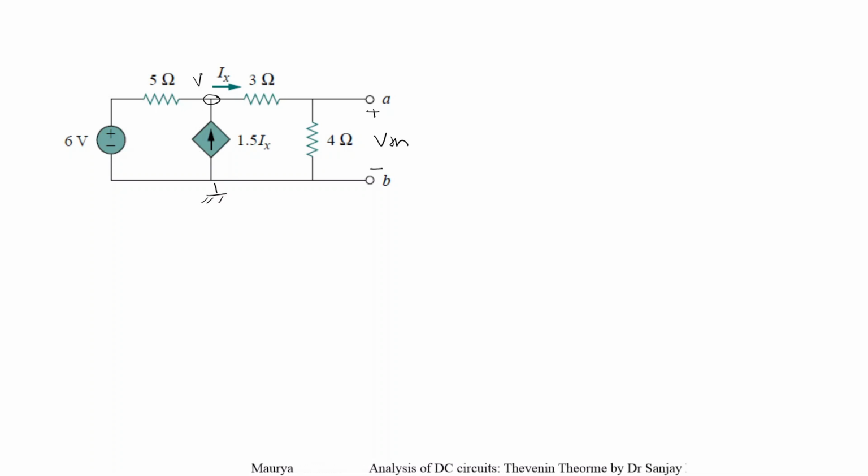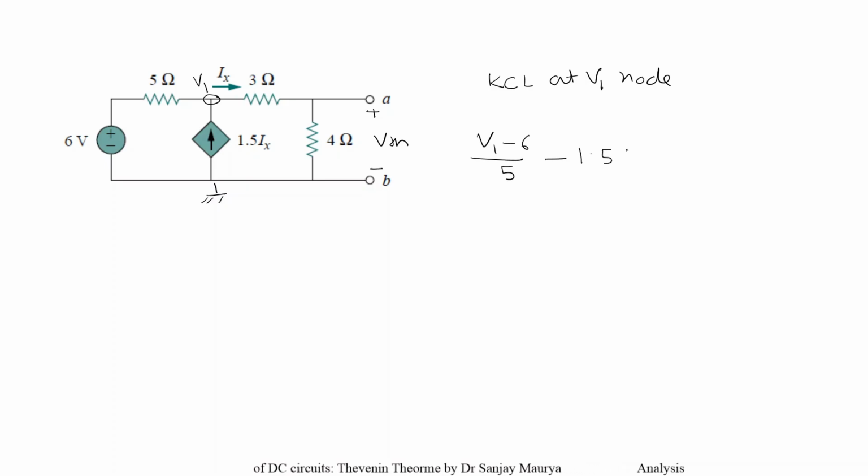I'm assuming that this one is at voltage V1. So I'm going to write down the KCL at the V1 node. Current in 5 ohm will be equal to (V1 minus 6) by 5. This current 1.5 Ix is coming inside, so I'll write this one as minus 1.5 Ix. This current is going outside, so I'll write this one as plus Ix is equal to 0.